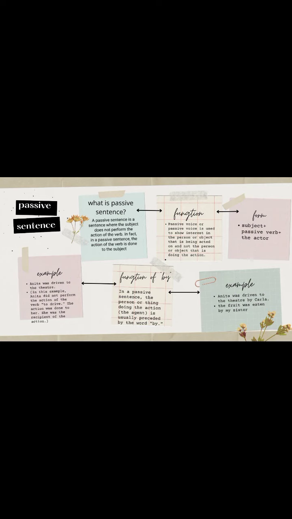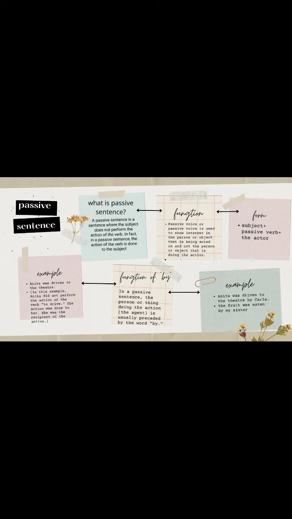Now, next, I will talk a little bit about the characterization of the passive sentence. So, passive sentence is always used with by and verb three. But here, I will just talk about the function of by.